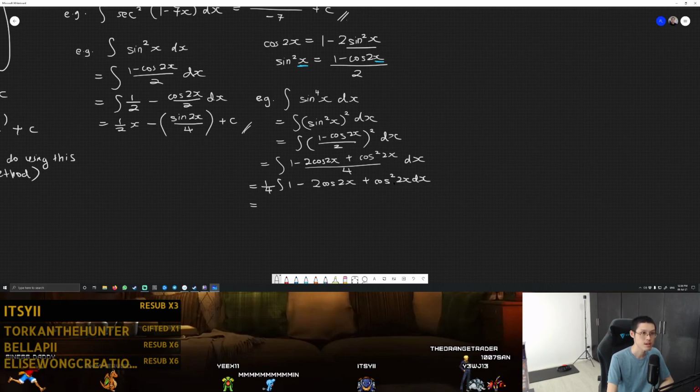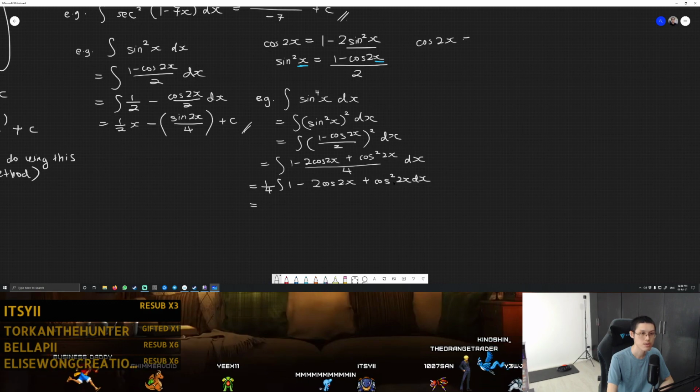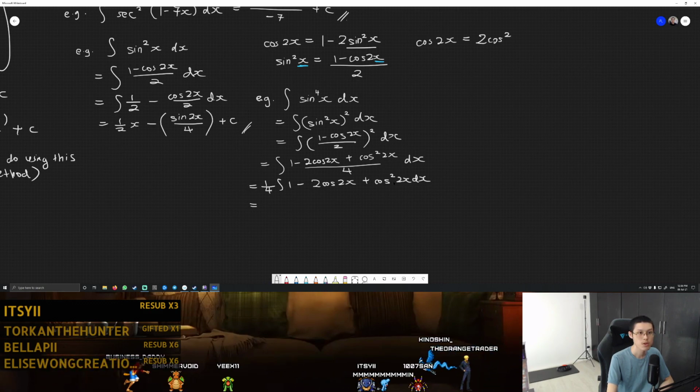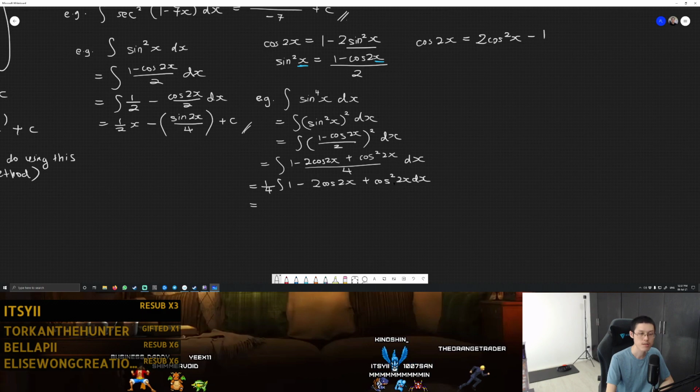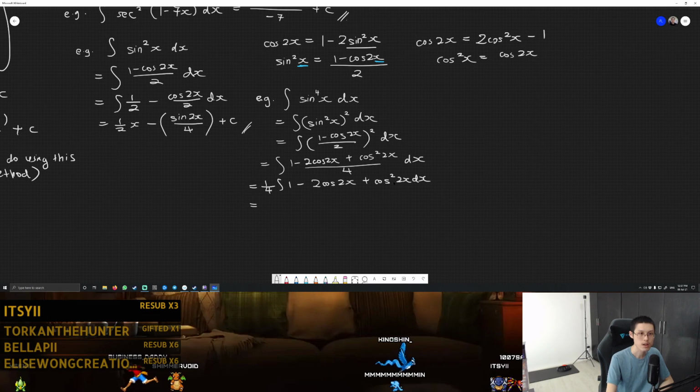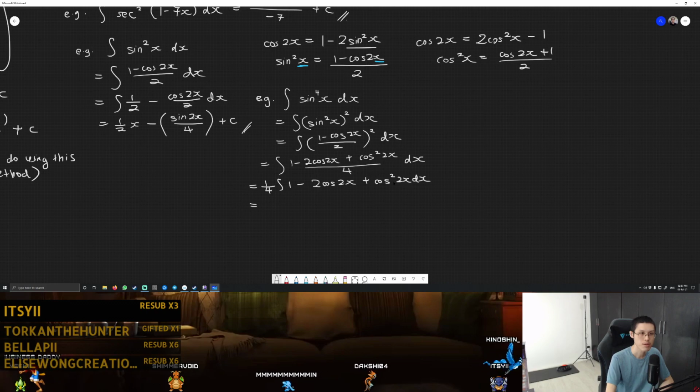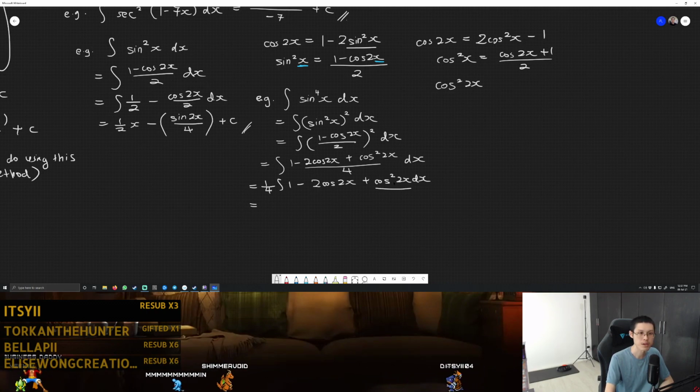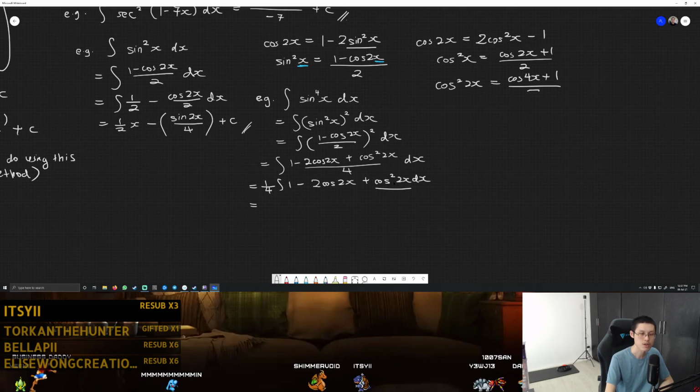It's cos 2x equals 2 cos squared x minus 1, right? So we make cos squared x the subject, which is going to be (cos 2x plus 1) divided by 2. Then we replace the x with 2x so that it fits what we have over here. So we get (cos 4x plus 1) over 2.